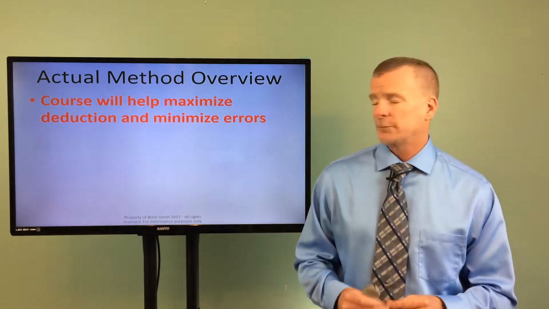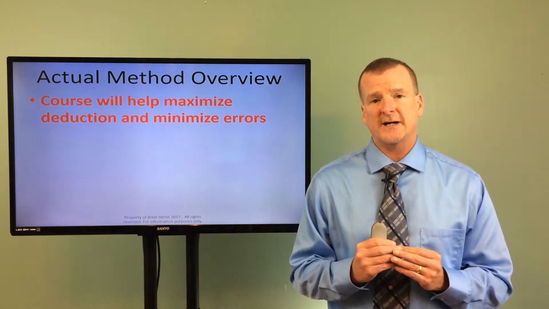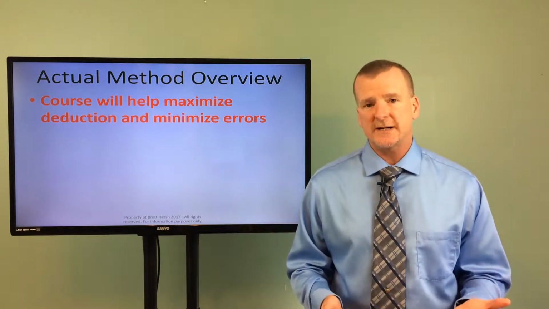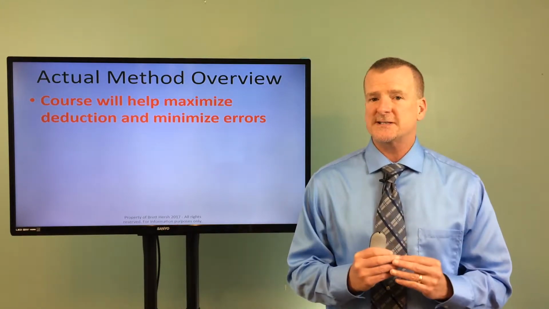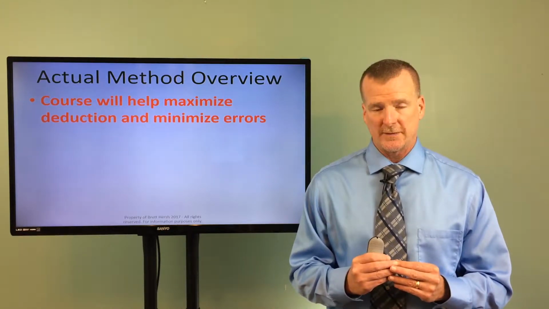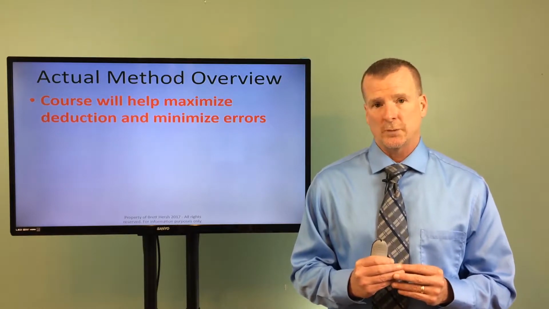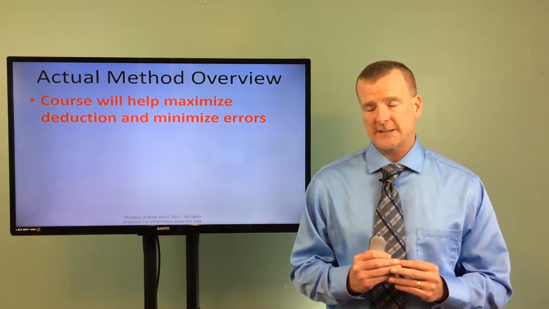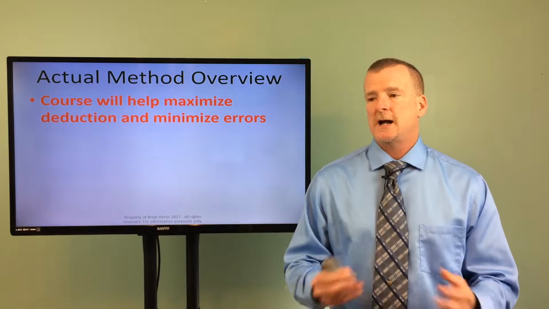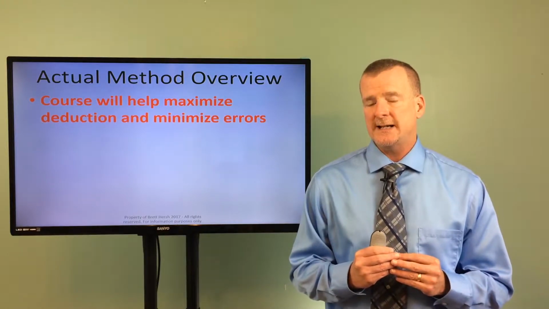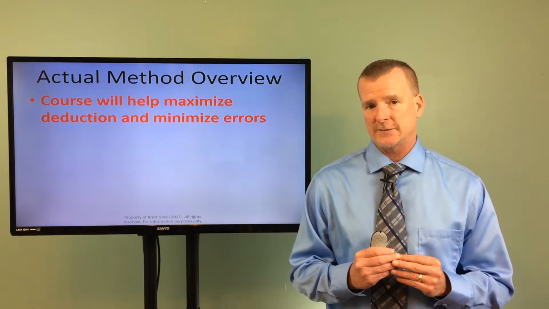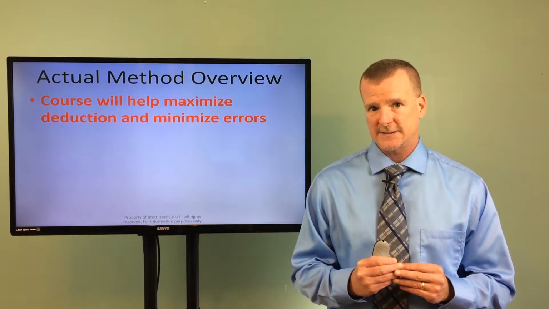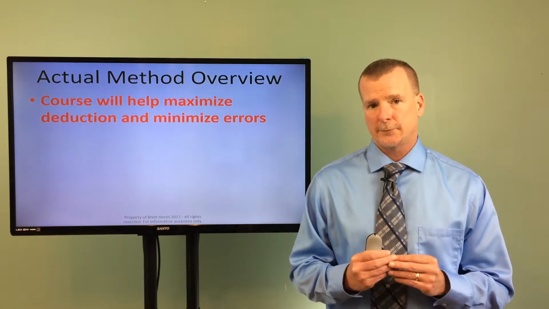This course is really geared to help you maximize deductions, and we also want you to minimize errors, not making many of the mistakes I've seen over the years on this Form 8829. I can tell you from experience, and it's one of the reasons we're doing this course, I don't recall ever seeing a Form 8829 that was done by somebody doing their own taxes that was completely done properly.